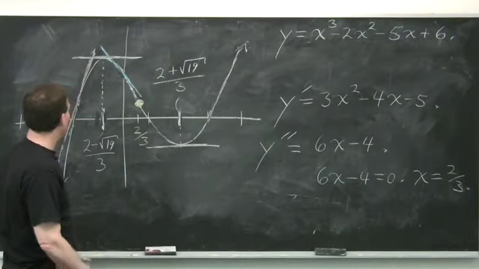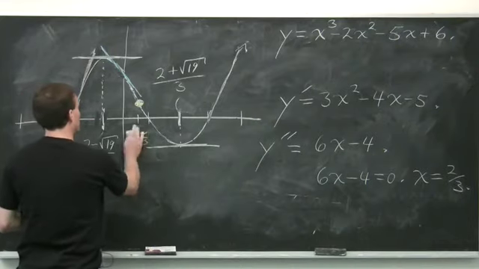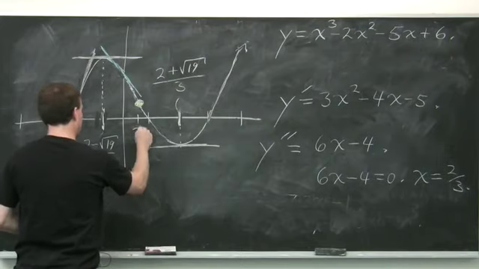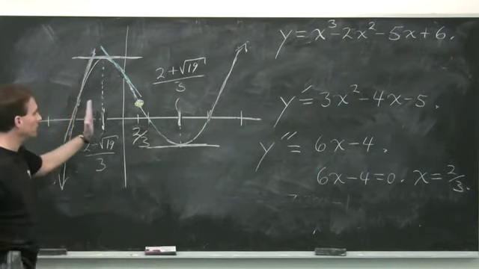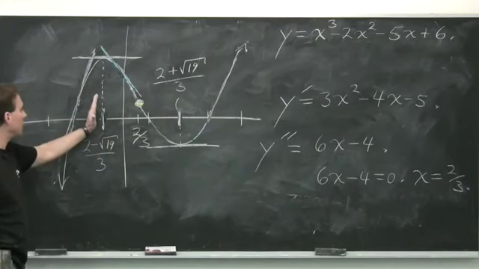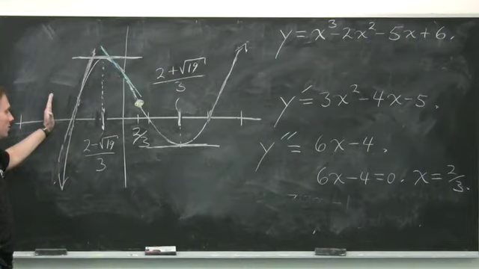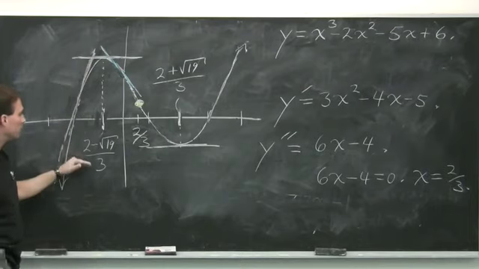Okay. And so what happens to the slopes? The slopes can only change signs at these two x coordinates. So when x is less than 2 minus the square root of 19 over 3, we should see that y prime is positive because the slope is positive. What's my favorite number less than 2 minus the square root of 19 over 3?